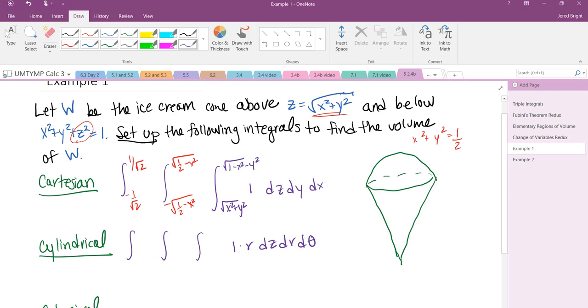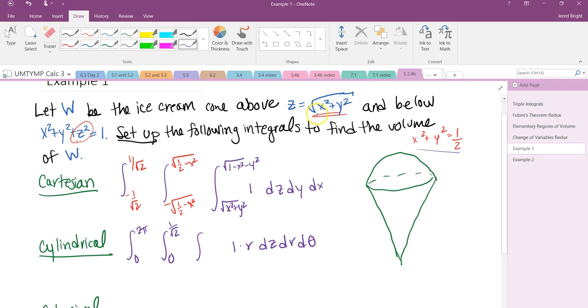Okay, d theta is actually super easy, 0 to 2 pi. Okay, theta goes in that direction, and then r, as we found out above here, is going to go from 0 to 1 over root 2. Okay, and then in terms of z, this is where it could be a little bit interesting.